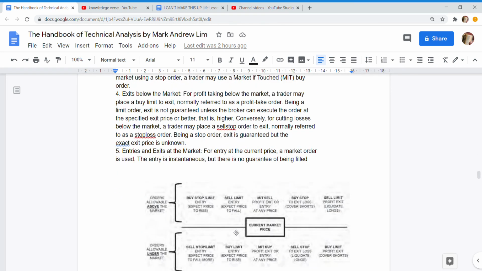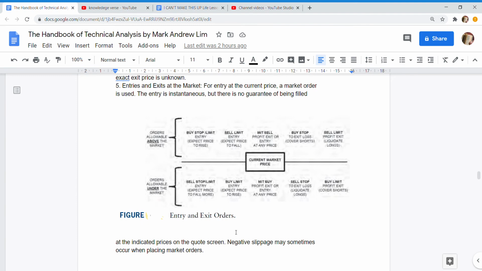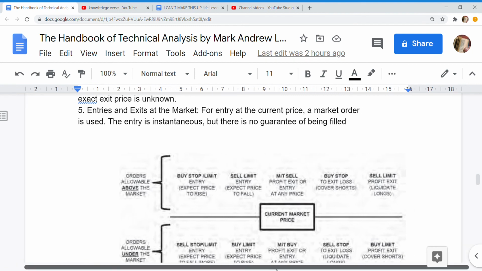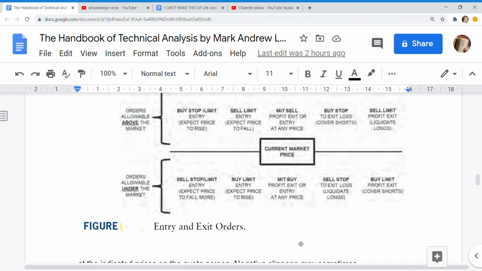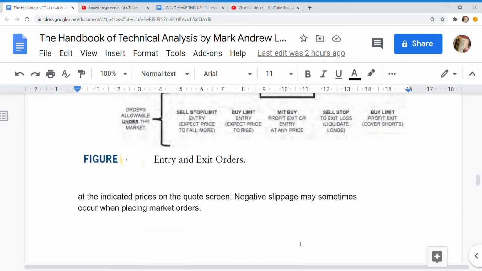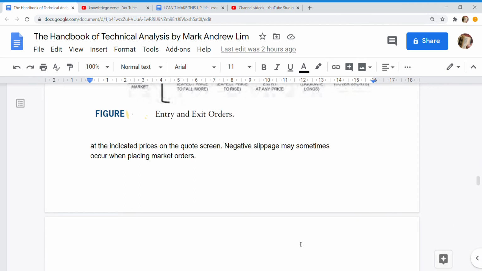The entry is instantaneous, but there is no guarantee of being filled at the indicated prices on the quote screen. Negative slippage may sometimes occur when placing market orders.